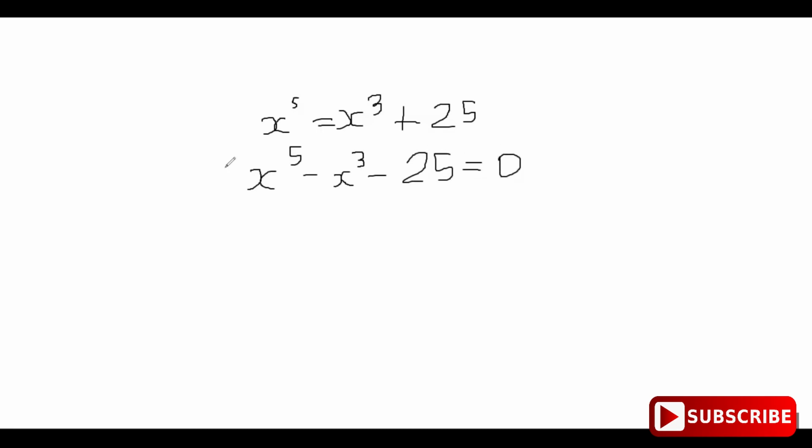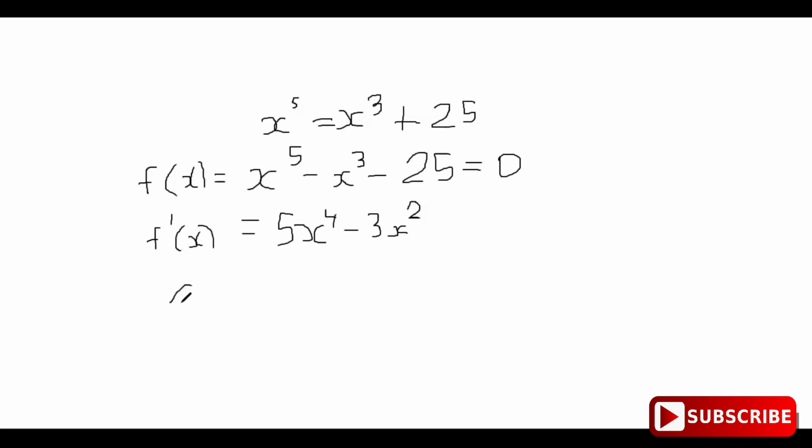And so therefore, we can call this now f of x. So now we can find the derivative, f prime of x. It is 5x to the 4th minus 3x squared. That's the derivative.